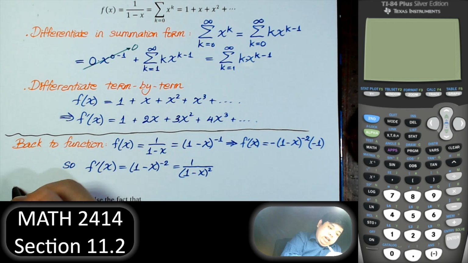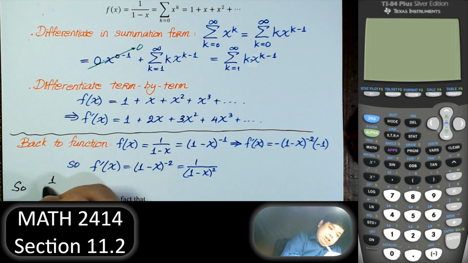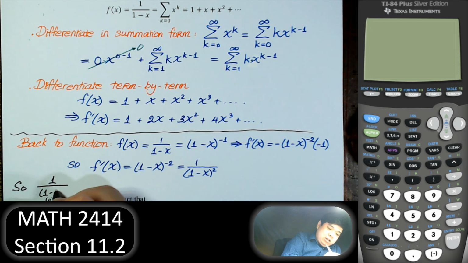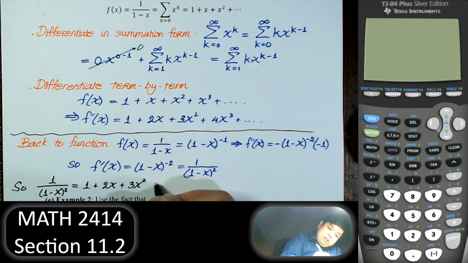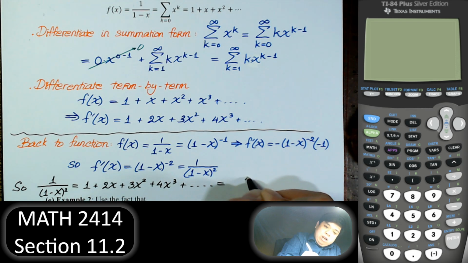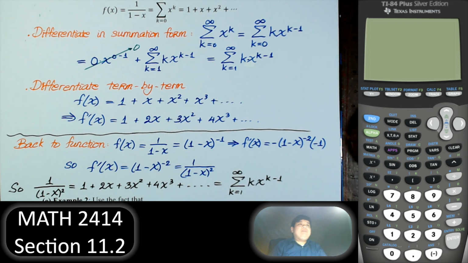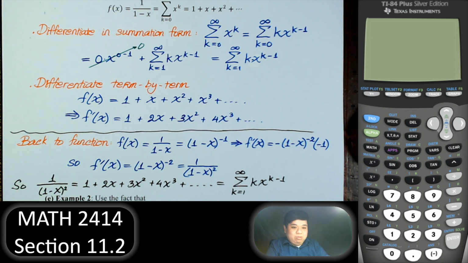So after all of this, we can have the power series for 1 over (1 minus x) squared is 1 plus 2x plus 3x squared plus 4x cubed, or in summation form, k x to the k minus 1. Right. So all of them are equivalent because it's just the derivative in different forms. So now we write the power series for that, which is kind of nice.